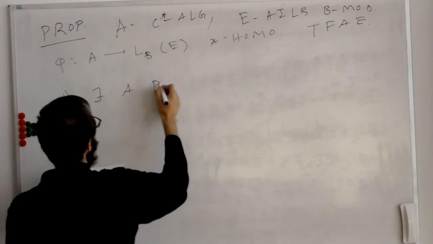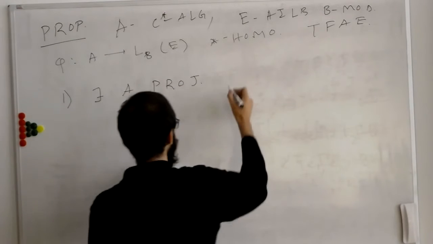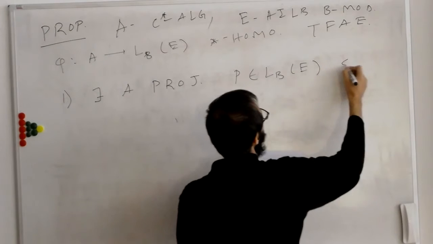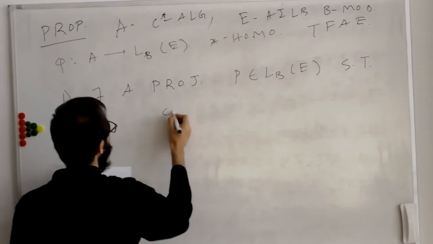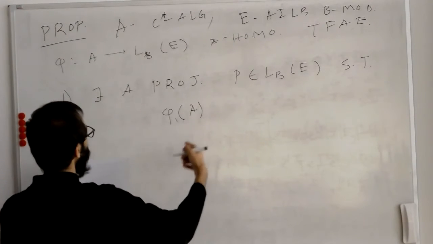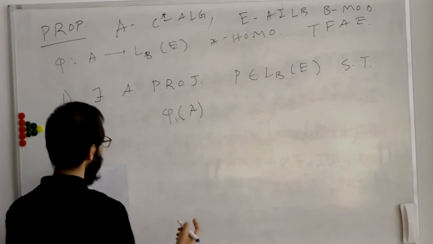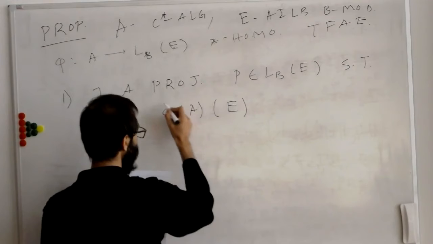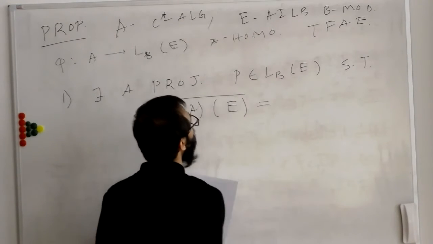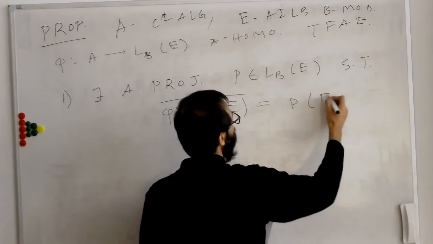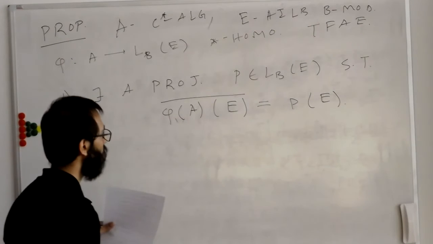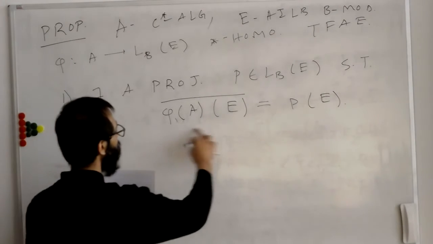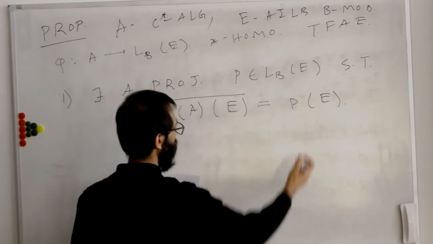There exists a projection P inside the adjointables such that the closure of the set of operators phi(a) applied on E, so it's just a sub-module, equals P E. Unlike the Hilbert space case, not all sub-modules are complemented. We demand that this sub-module be actually complemented, so it comes from a projection.